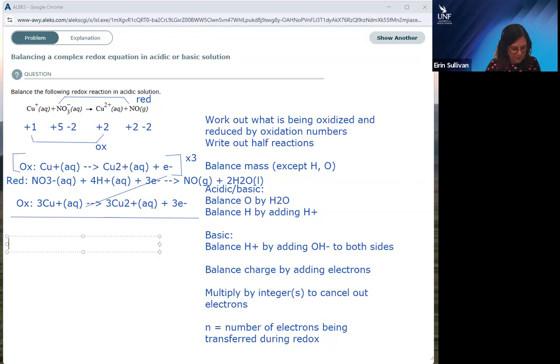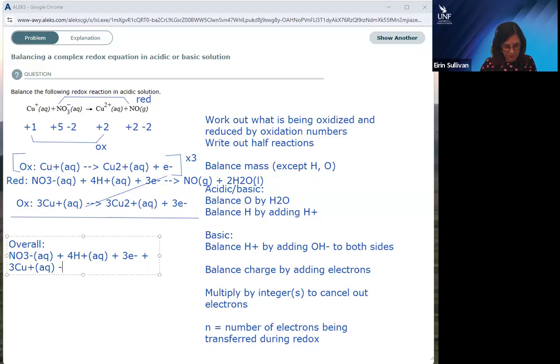So we have overall NO3- (aq) plus 4H+ (aq) plus 3 electrons, and those are going to cancel out, plus my 3 Cu+ (aq).